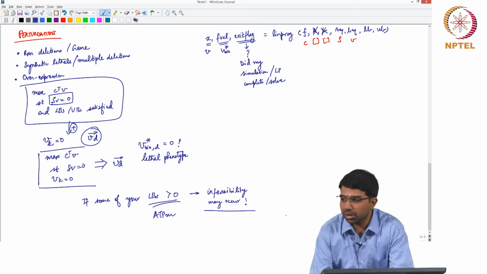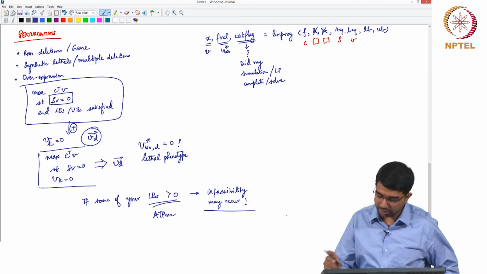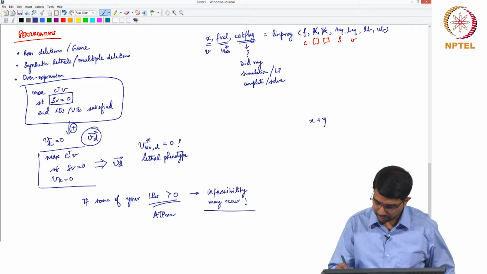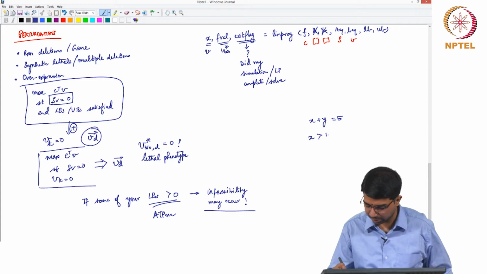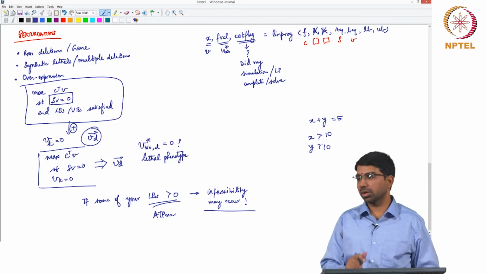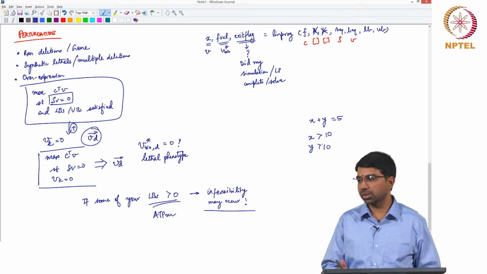There are scenarios where it is like saying solve x plus y equals 5, and give it some infeasible constraint, x greater than 10, y greater than 10. You can never solve this, you will get an infeasible solution.